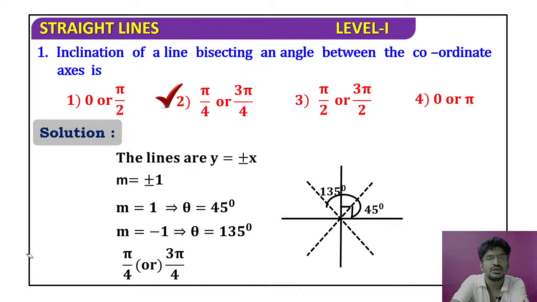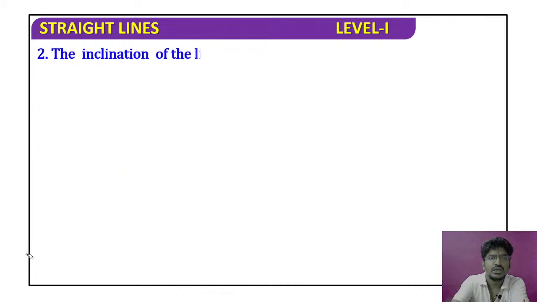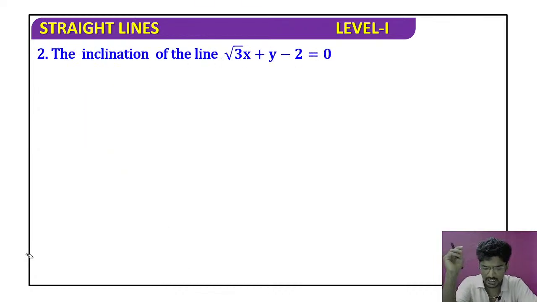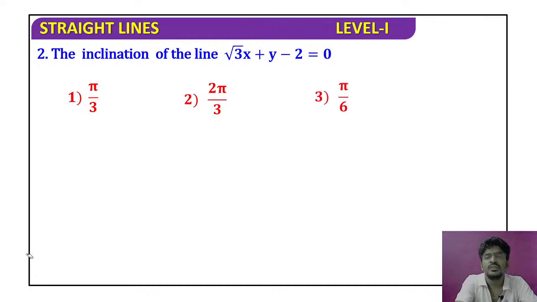That is the inclination of the line root 3x plus y minus 2 equal to 0. So you just see this, pi by 3, 2 pi by 3, pi by 6 and 5 pi by 6.